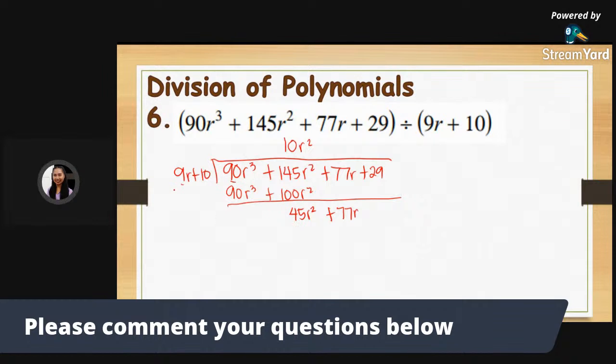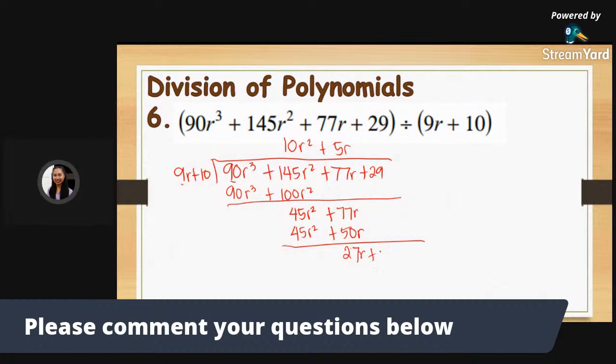45 again divided by the first term, which is 9, we get 5r. 5r times 9 is 45r squared. Then 5r times 10, we get 50r. Okay, so subtract them, we get 27r.